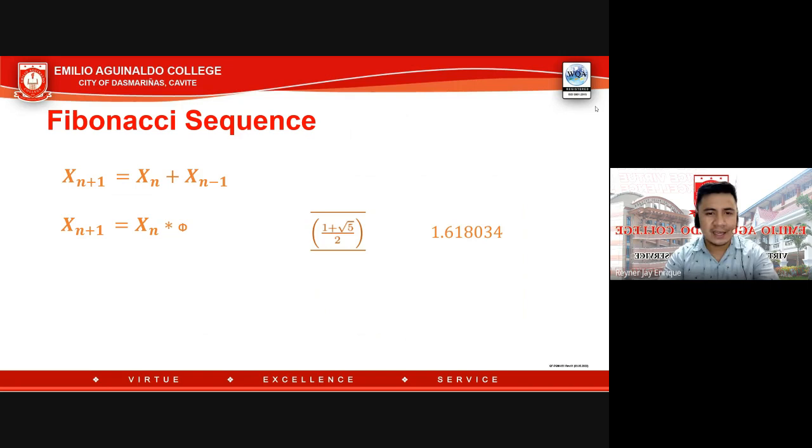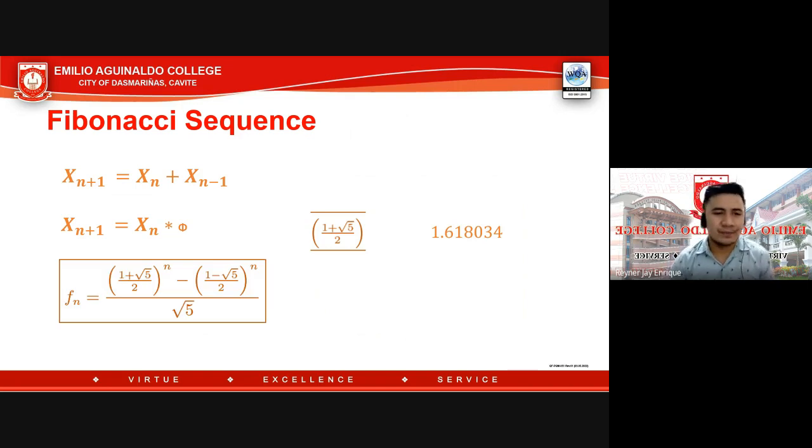The next one is the Binet formula. It is Fn equals quantity 1 plus the square root of 5 over 2 raised to n, minus 1 minus square root of 5 over 2 quantity raised to n, all over square root of 5. In this formula, if you have your calculators with you, this is just direct input in your calculator.